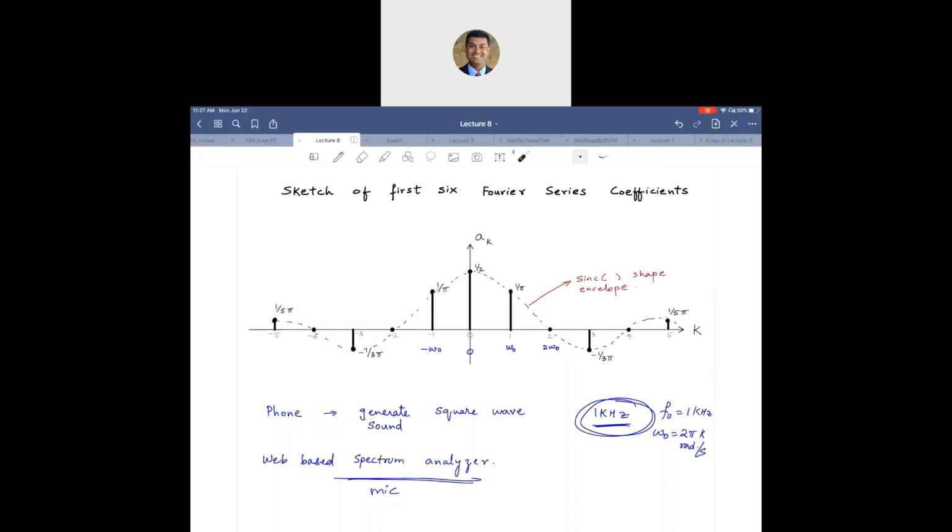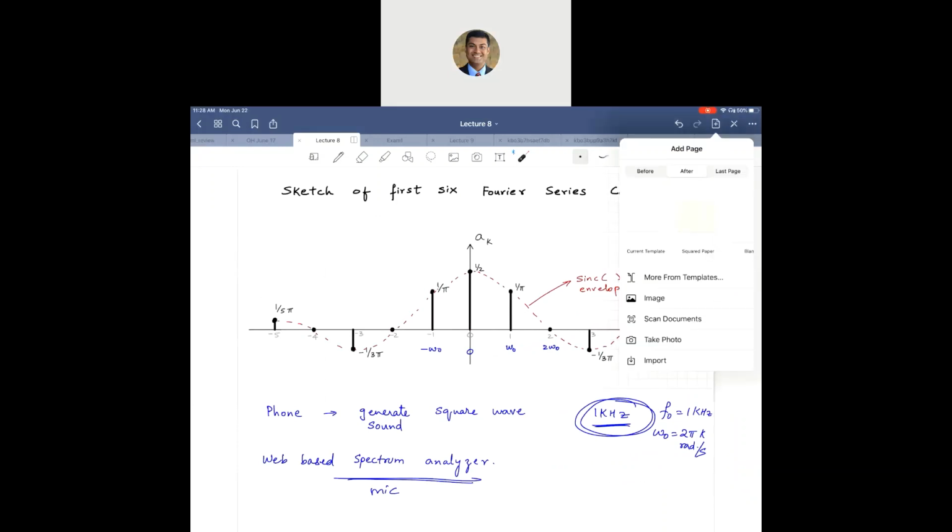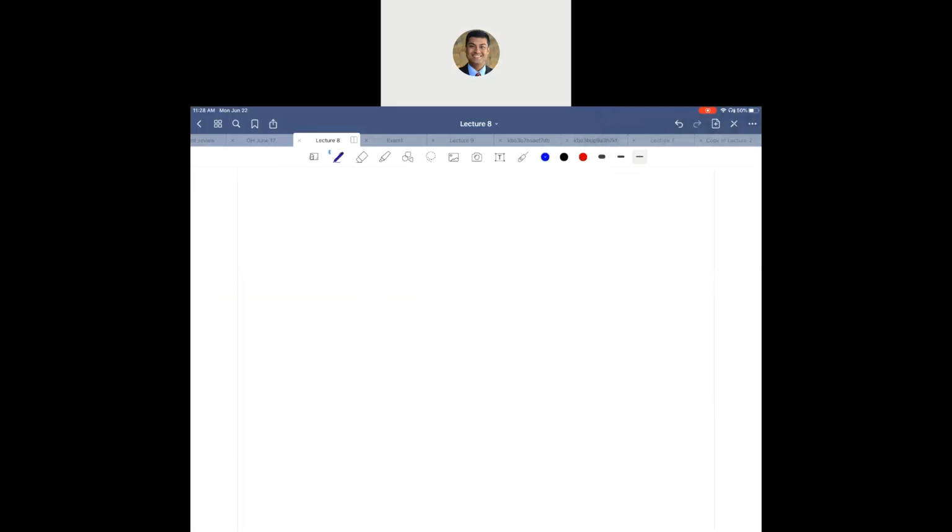If you take the square wave and you move it up and down, will the omega naught terms change, or 2 omega naught terms change, or 3 omega naught terms change? What I mean by that is this. Let's see. If I add another slide here, imagine this is here, this is here, this is here, some pulse train.